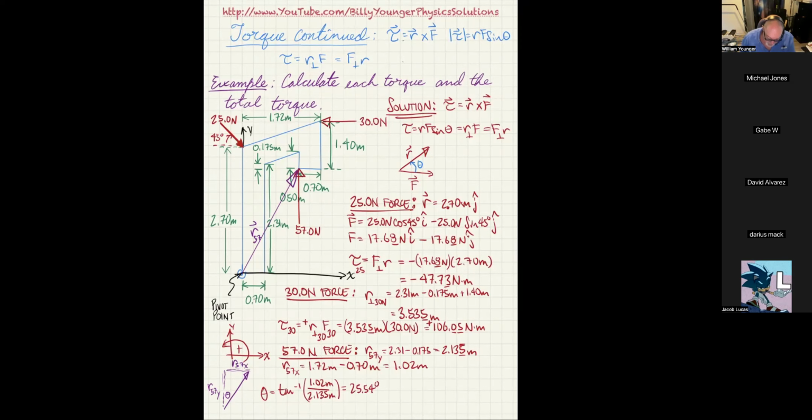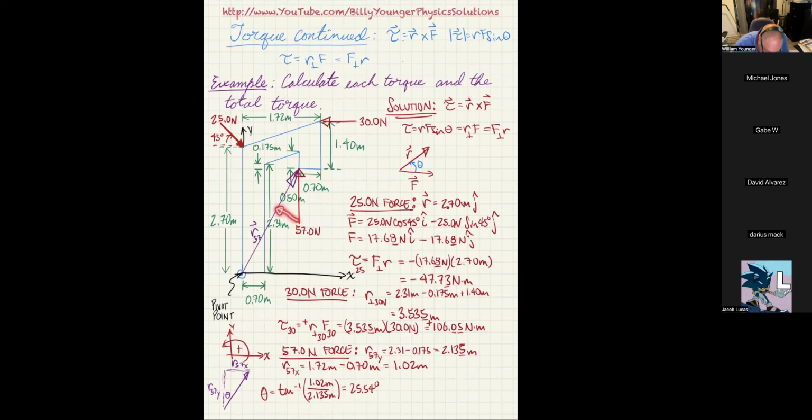So that angle right there is 25.54 degrees, and that means this angle is also 25.54 degrees.